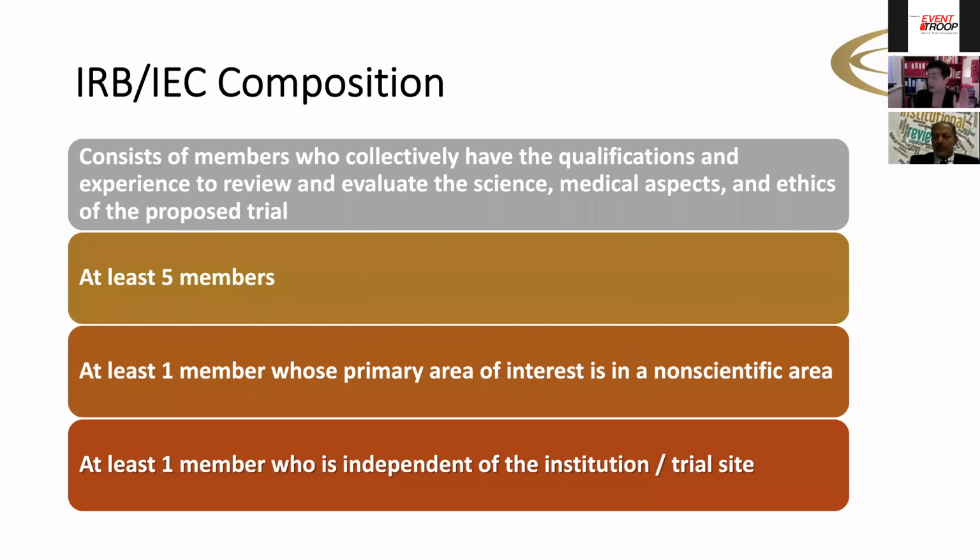So somebody who does not work for the institution and has nothing to do with the institution. So at least 5 members, 1 member whose primary area is in a non-scientific interest, and 1 member who's independent of the trial.